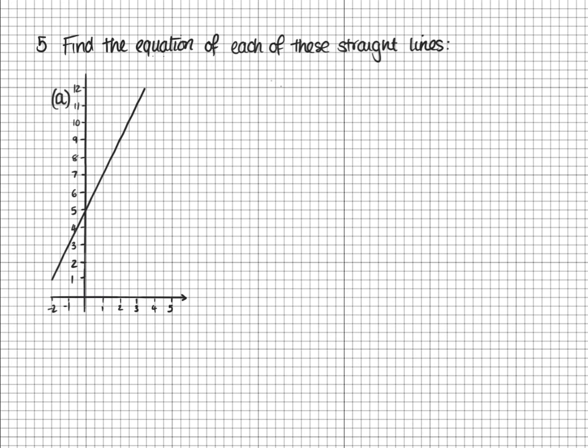Right, so question 5, same as question 1, I've split it into 2 separate pages, so we've got the space. So we need to pick 2 points on our line. We need to pick our x1, our y1, our x2, and our y2. So if we look at our line, at 0 we're at 5, so that could be our first one.